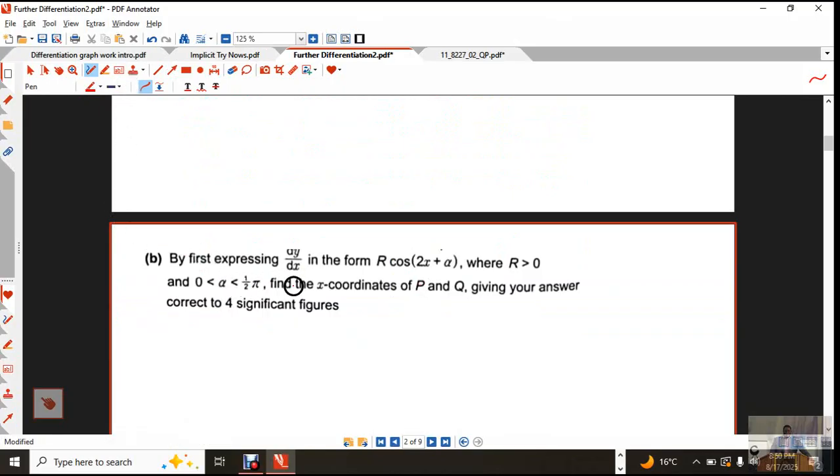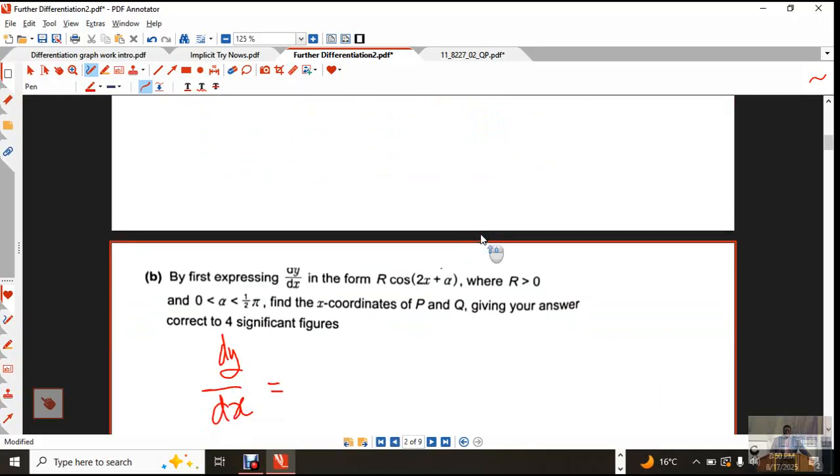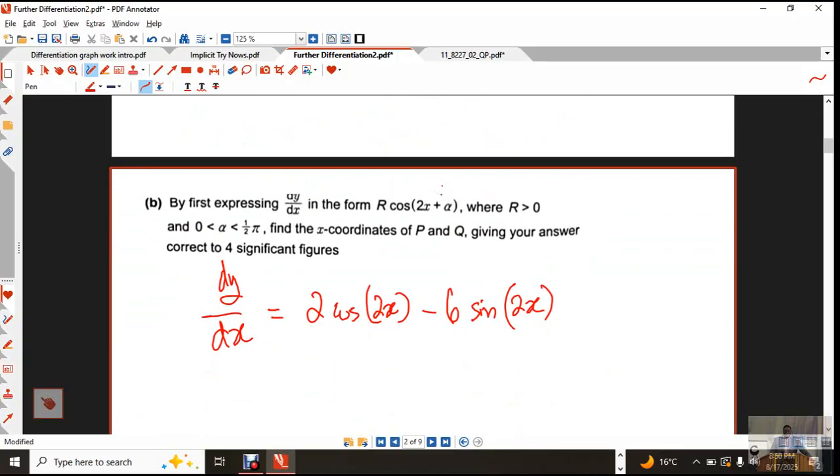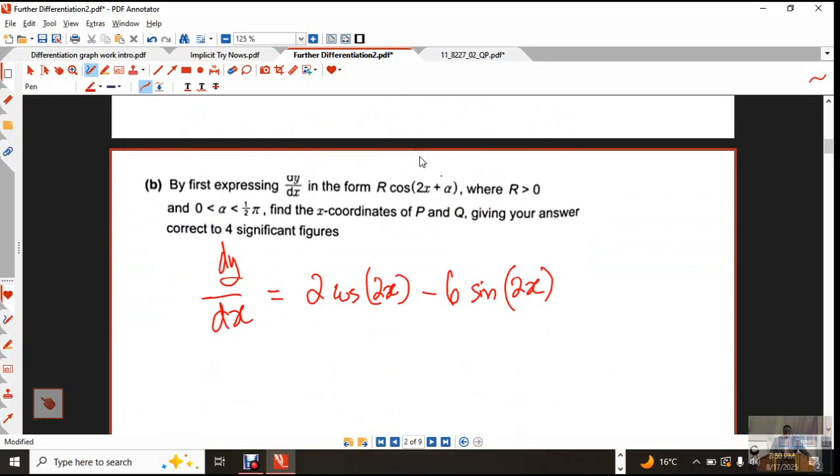So they want us to express dy/dx. Let's quickly write down my dy/dx from before: 2 cosine of 2x minus 6 sine of 2x, if I remember well. Let's just make sure of that.